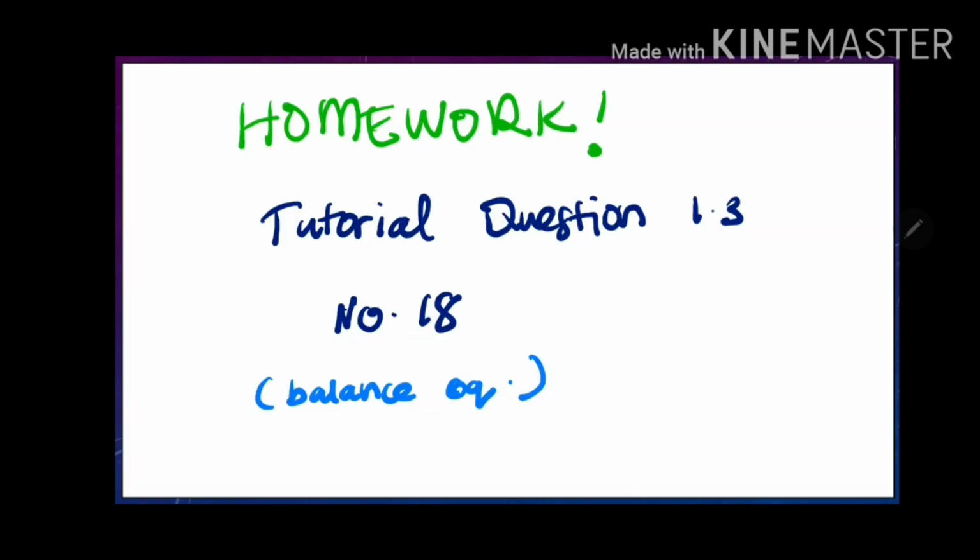And finally, your homework is to solve tutorial question 1.3 number 18, which is a question on balancing equations. There are 6 questions, so answer all the questions. Okay, good luck.